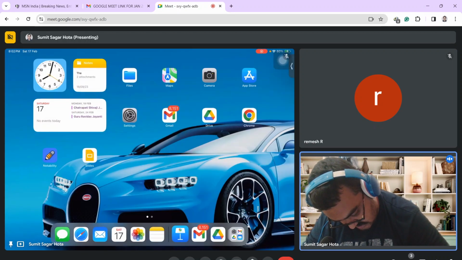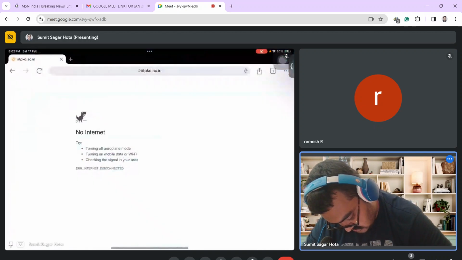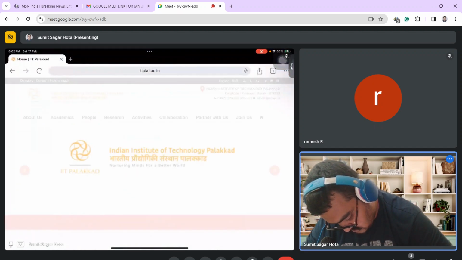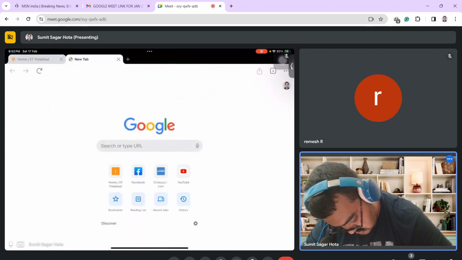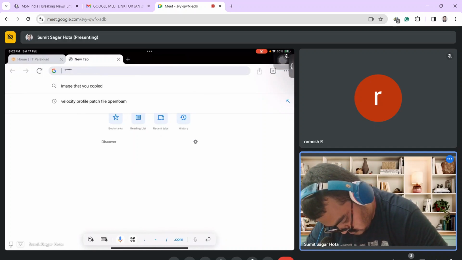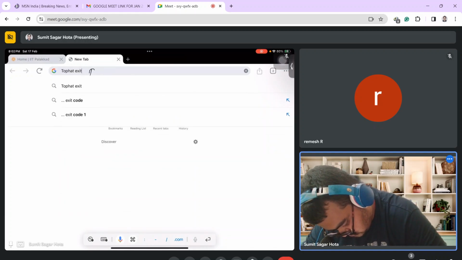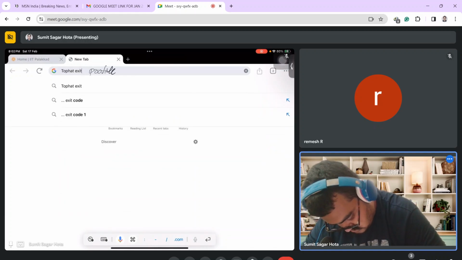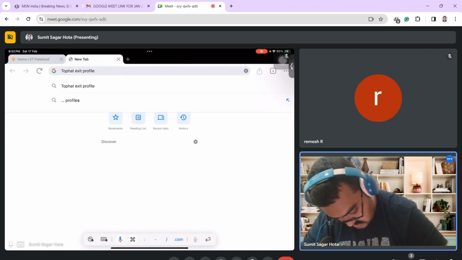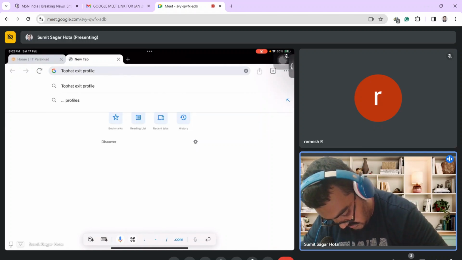We can see also here the top hat exit profile.